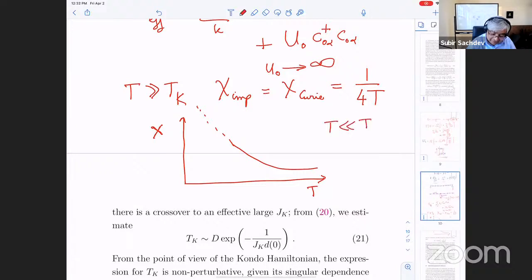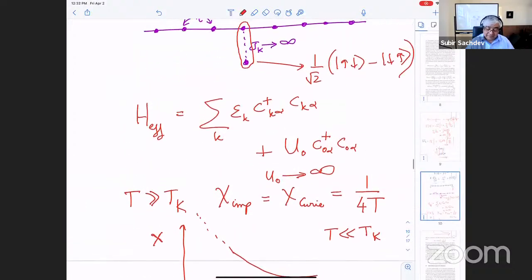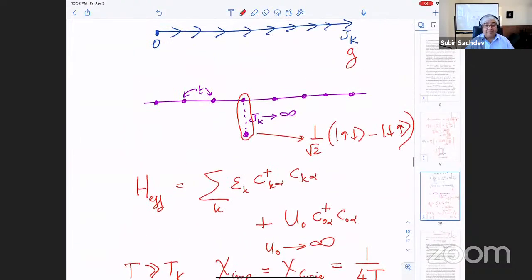What's going to happen? Well, at T much smaller than TK, there's confinement. And the confinement here is that this free spin that you had, which is giving you this large susceptibility, is confined in a singlet, having captured a conduction electron to form a singlet. And it's tightly bound. So this singlet is the analog of the proton, where there's no free colored charges left.